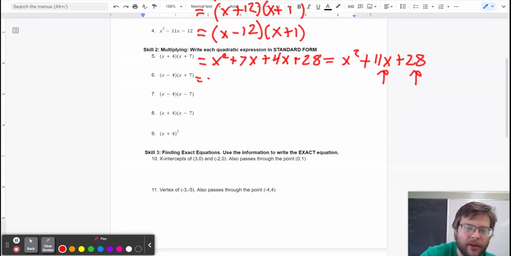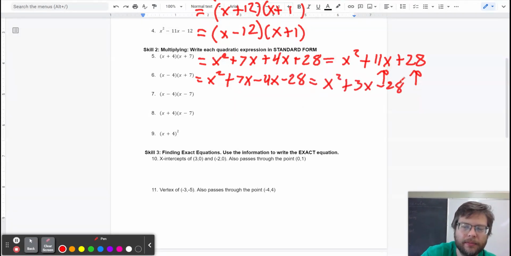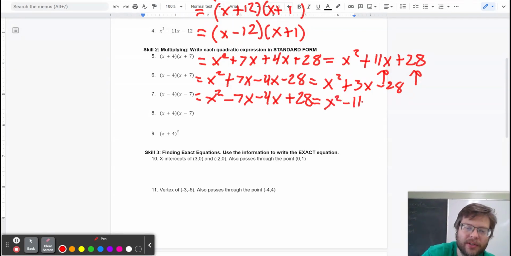Problem number 6, I go x times x, times 7, x times negative 4, times 7. Combine my like terms to get x squared plus 3x minus 28. Number 7 is very similar. X times x, times negative 7, x times negative 4, negative 7 times negative 4 makes positive 28, leaving me with x squared minus 11x plus 28.